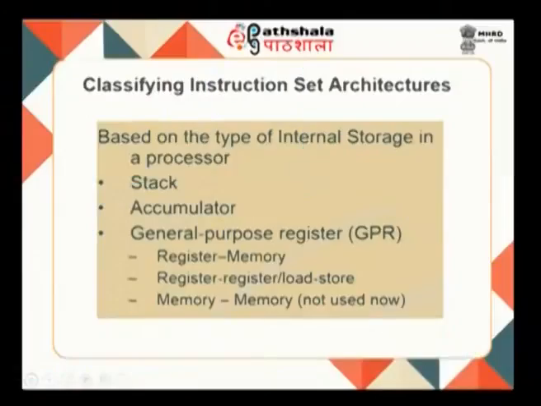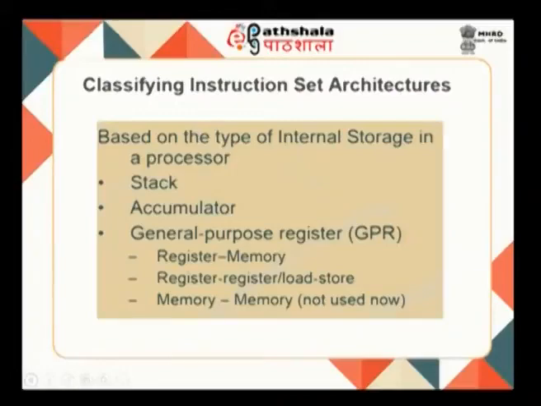So, if you look at the taxonomy of instruction set architectures, the ISA is basically classified based on the type of internal storage in the processor, how the operands are stored in the processor. One is a stack based ISA, the second is an accumulator based ISA, and the third is a GPR or general purpose register based ISA.